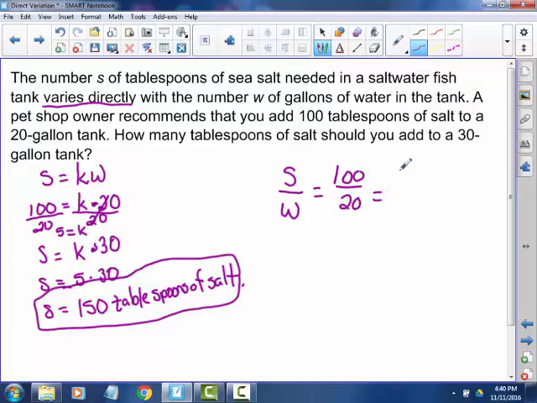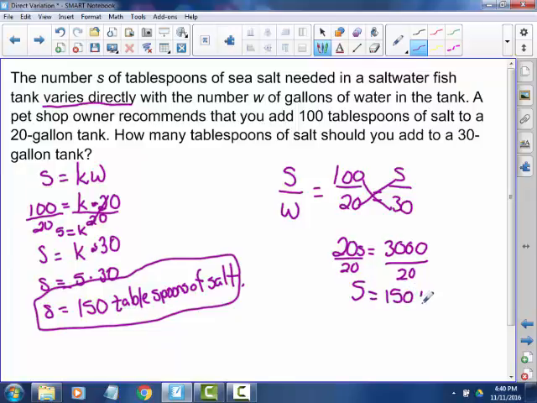So what would S be if it was 30? And then we used the extremes-means theorem, which said we could multiply in this direction, so that would give us 20S equals 3,000. And then we divide by 20, and S is, well, still 150. So that's an alternative way to work it.